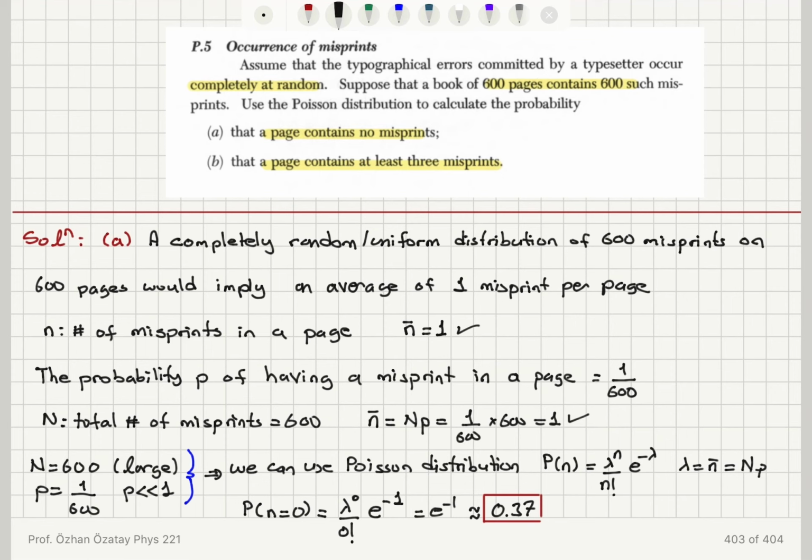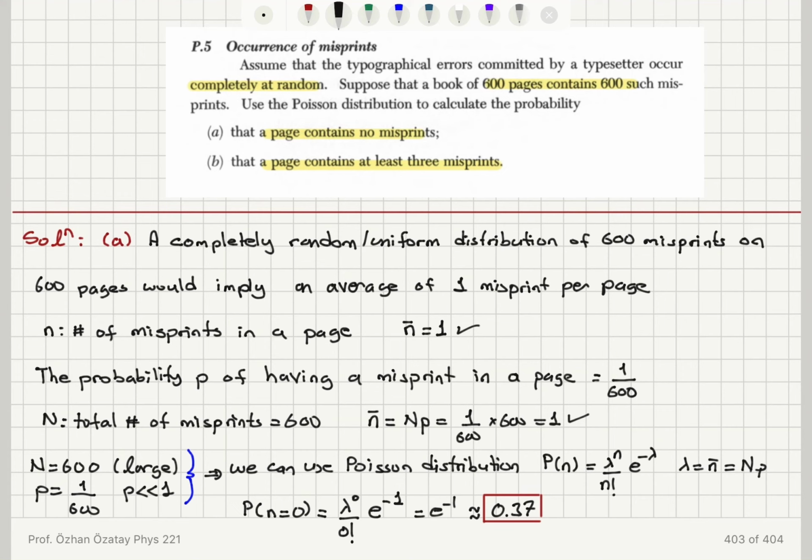The probability P of having a misprint in a page is 1 over 600, because there are 600 misprints and we have to choose 1 out of 600. The total number of misprints is 600, and n bar is 1 over 600 times 600, which is 1, as expected. So the total number is 600, the probability is 1 over 600, P is much less than 1, and capital N is large. This means we can use the Poisson distribution.